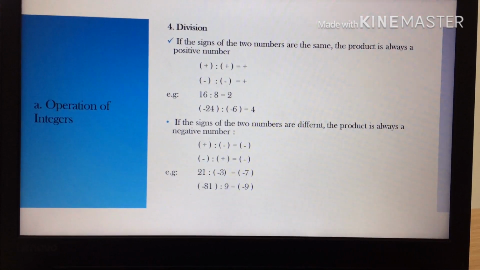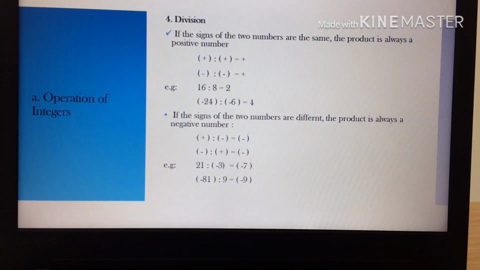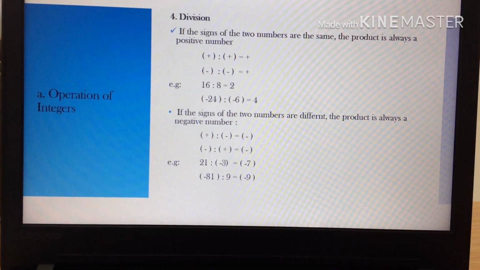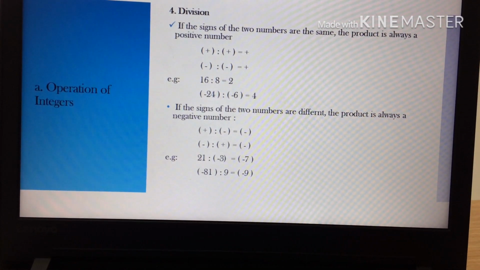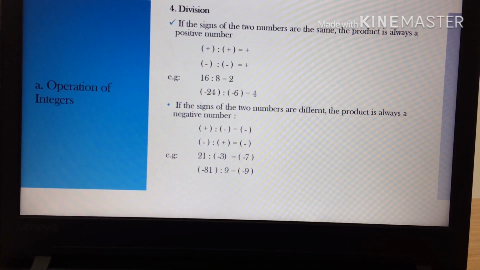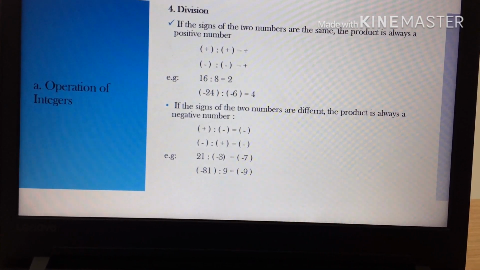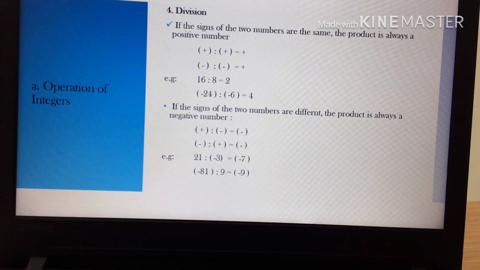And the second, if the sign of the two numbers are different, the product is always a negative number. The first formula, positive divided by negative equal negative. Then the second, negative divided by positive equal negative.